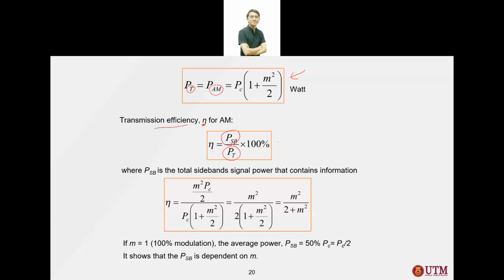So the upper part is our power containing the information, times 100%, where PSB is the total sideband signal that contains information. You expand again as in the previous slide, and in the end you will have M square over 2 plus M square.